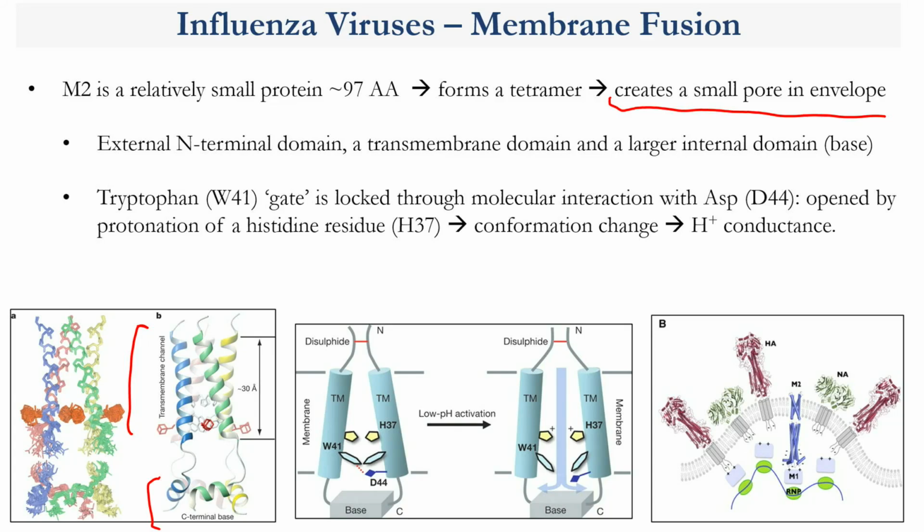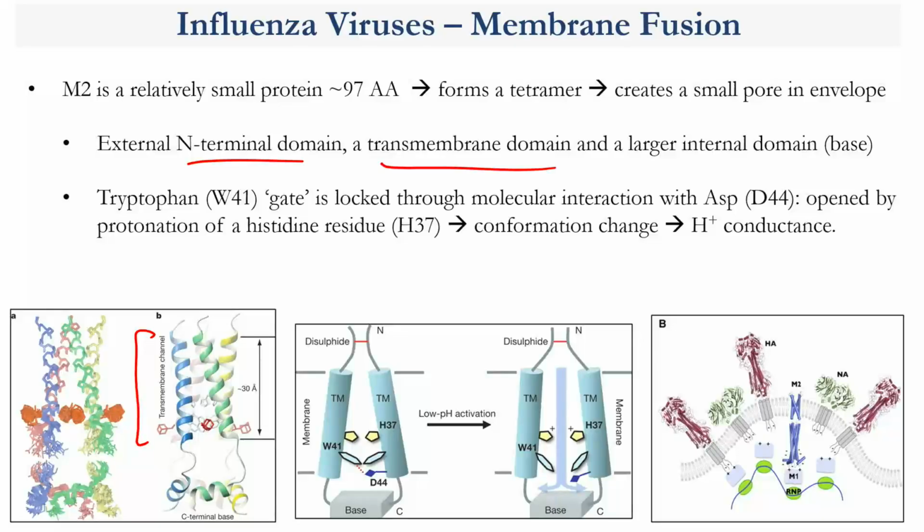Now, one thing to keep in mind here is it has that external N-terminal domain right here, and a transmembrane domain that goes in the membrane. Sorry, let's go back for a second. This is the transmembrane domain, and then it has a base that's much larger, and it's internal. Okay, the rest of the protein will be up here.